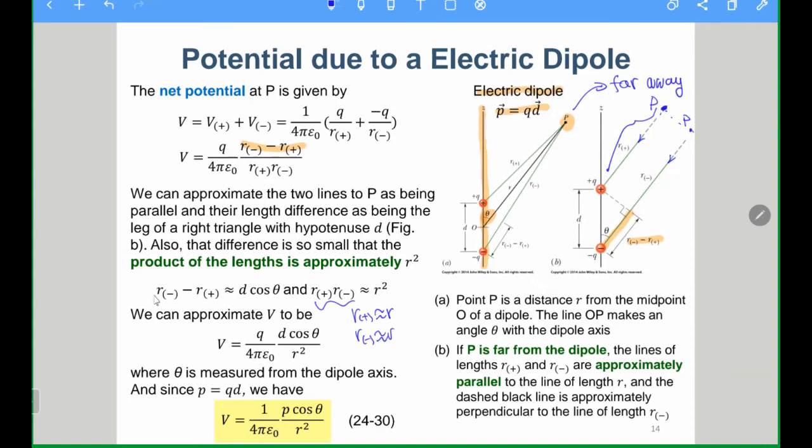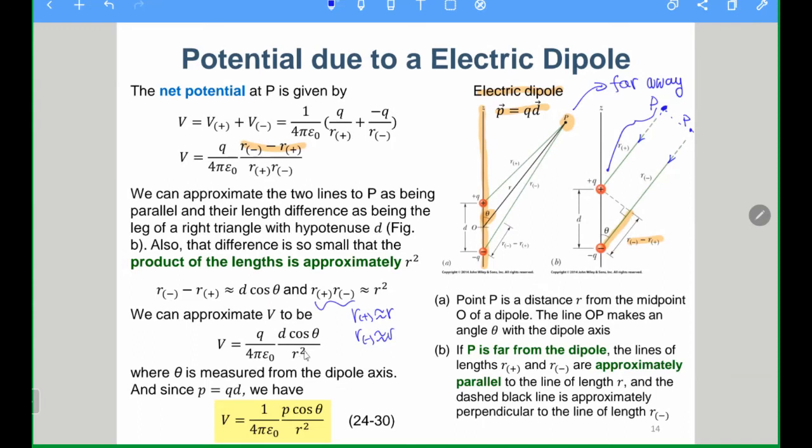So we can only approximate for the denominator. So we can approximate V by plugging in this one to here and R squared to here. So we have Q over 4 pi epsilon naught and then D cosine of theta over R squared.